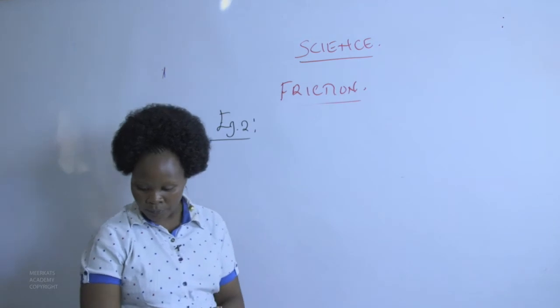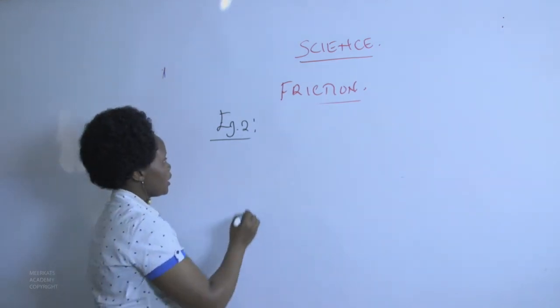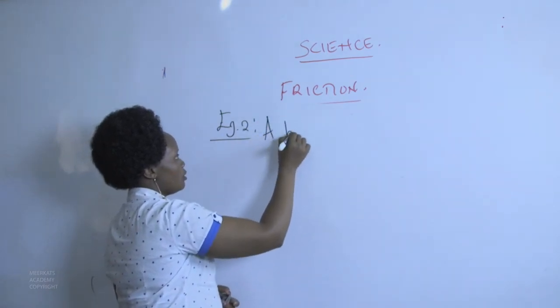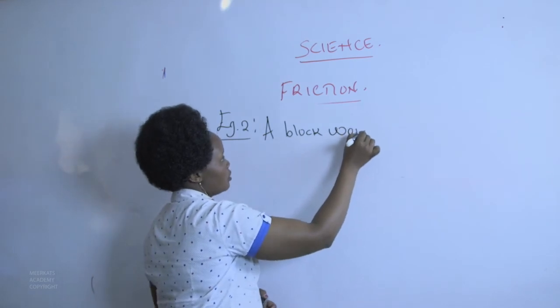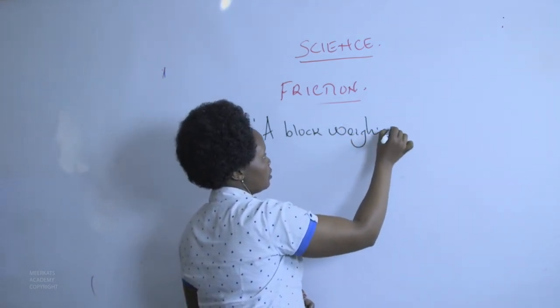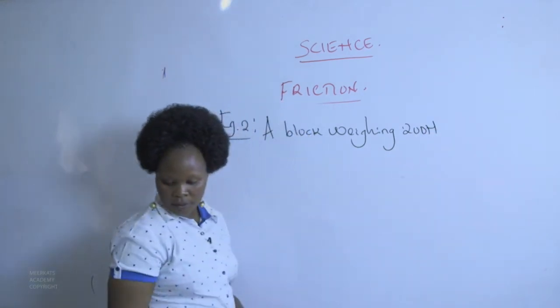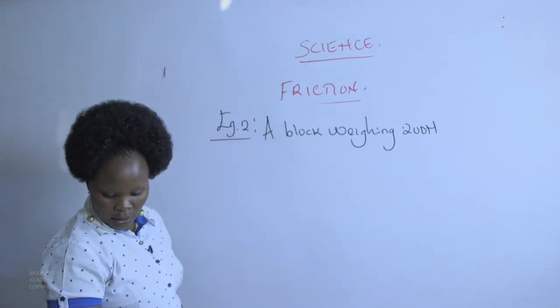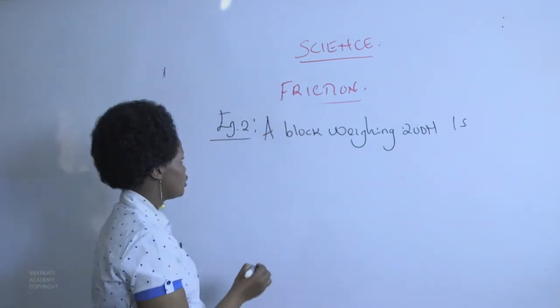Example 2. A block weighing 200 newtons is pushed along a surface.